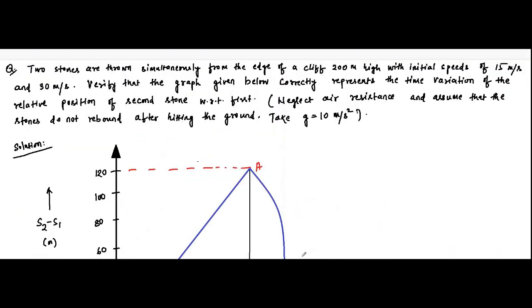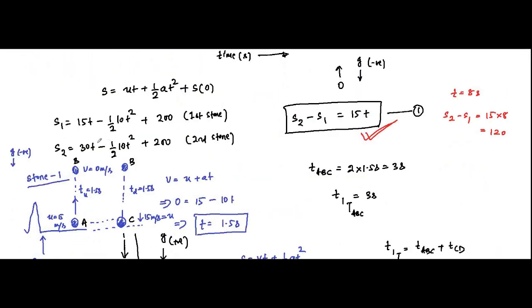Here S2 is given by this relationship, 30t minus 1/2 into 10 t square plus 200. Now here this minus can sometimes be plus. When it is opposing, against gravity, it is minus. When it is with gravity, supported by it, it is plus.